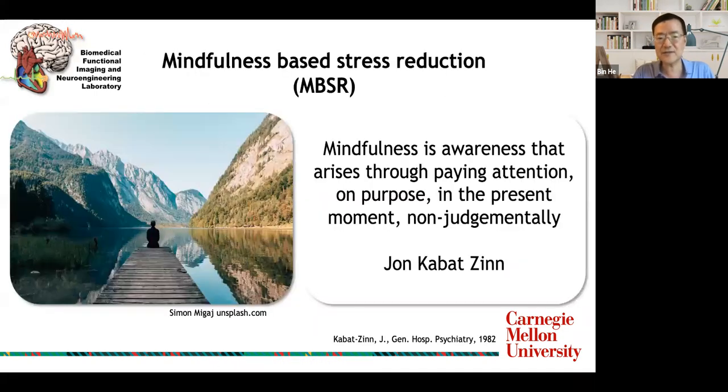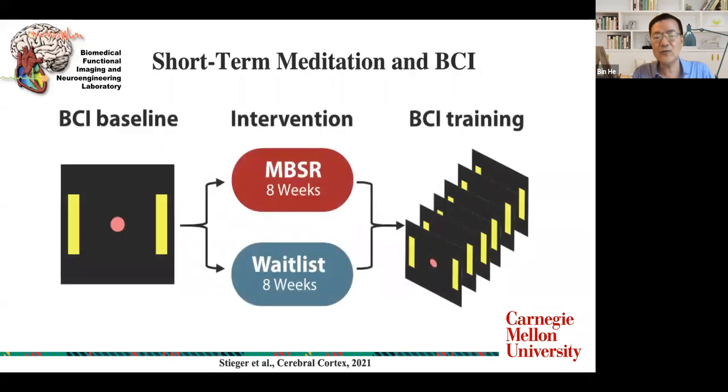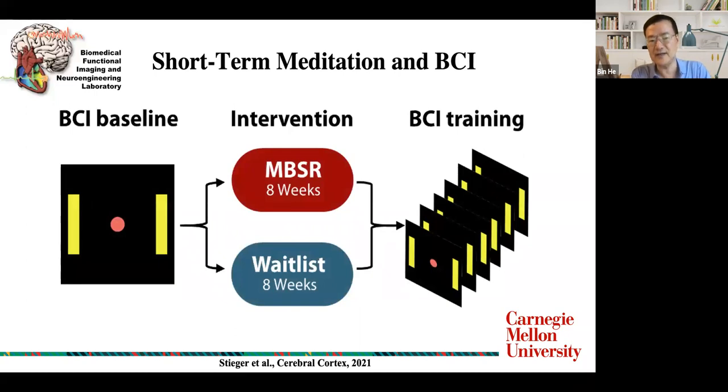The next question we ask is, what about short-term meditation? That is, what if someone has never done meditation or yoga? Are we able to recruit them, train them with short-term meditation training, and help these subjects pick up or enhance their BCI skill?